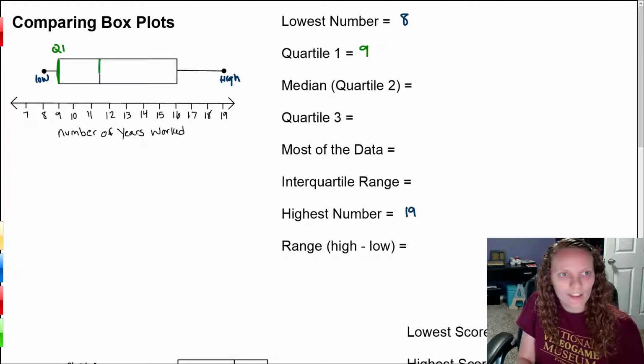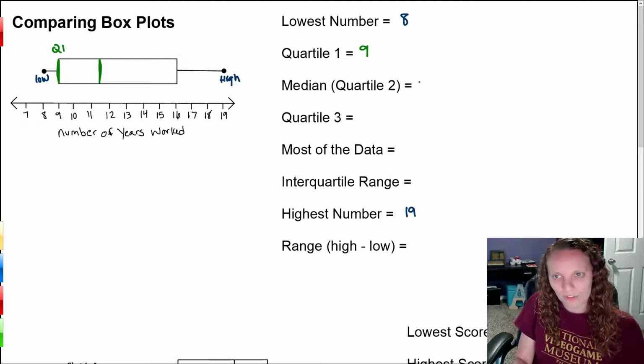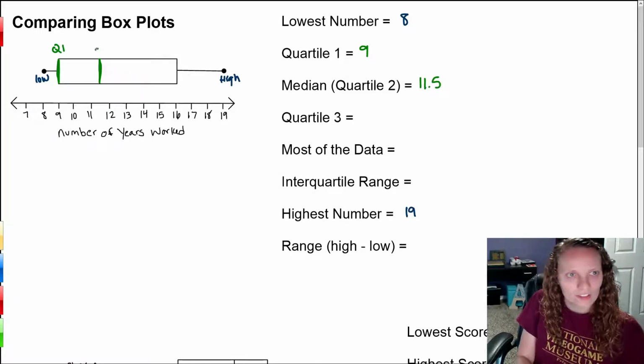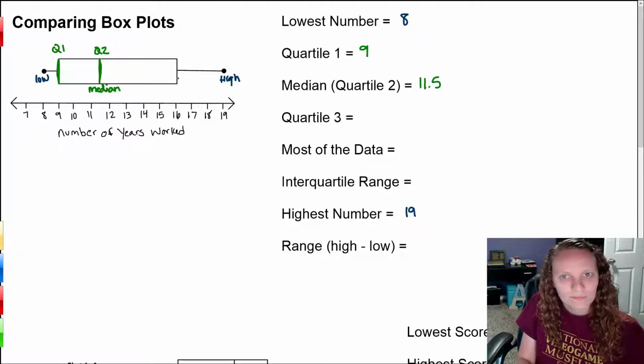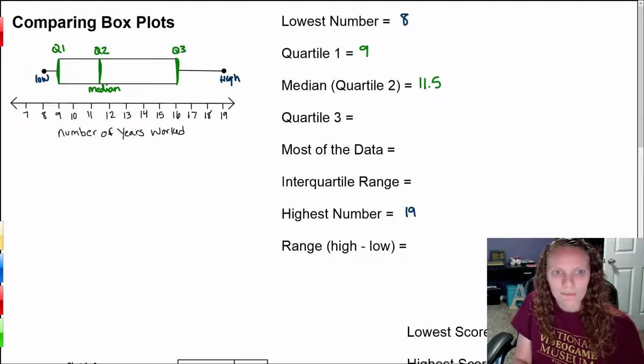So right here is called the median. This number is in between 11 and 12, so we'll call this 11.5. So this is quartile 2, or the median. Quartile 3 is the other end of the box. It is above the number 16.